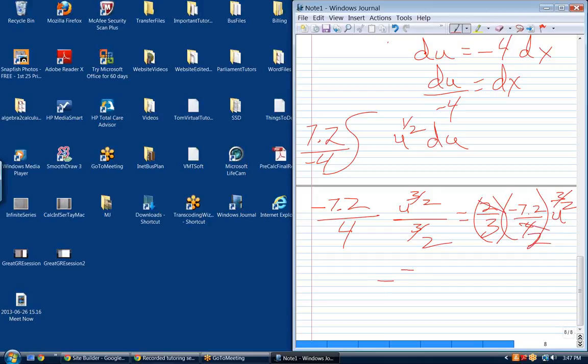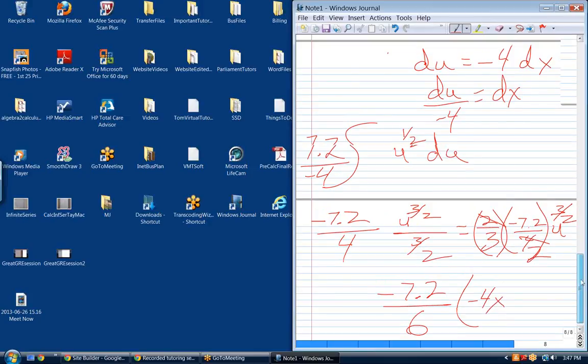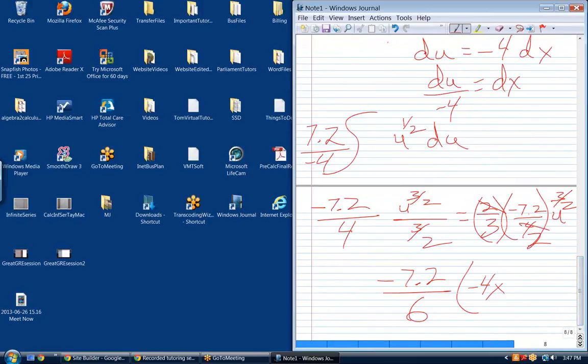So I got negative 7.2 over 6, and u was once again negative 4x, what was the rest of it? Plus 5. Yep. To the 3/2 plus c.